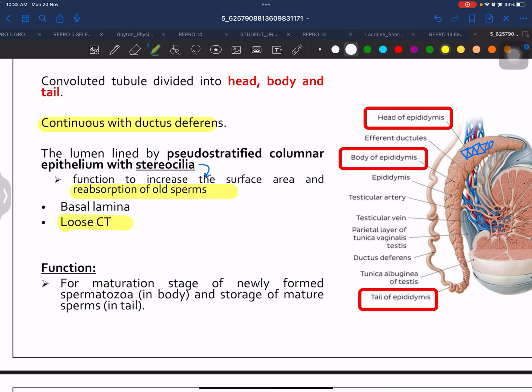The testis produces the sperm, the spermatids, but they only mature in the epididymis. It also acts as a storage place, tempat penyimpanan, before the sperm are transported to the ductus deferens.